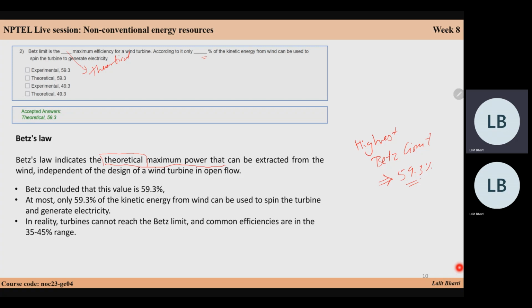It is the maximum theoretical limit. We cannot go beyond that limit, but usually the efficiencies are between 35 to 45%. So our answer will lie on the theoretical limit of 59.3%. So option 2 is correct. This problem was on the Betz limit of a windmill. Now we'll see the next problem.